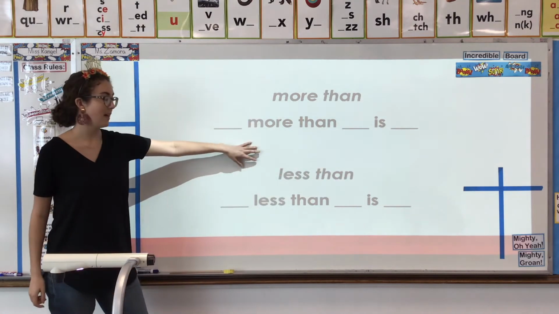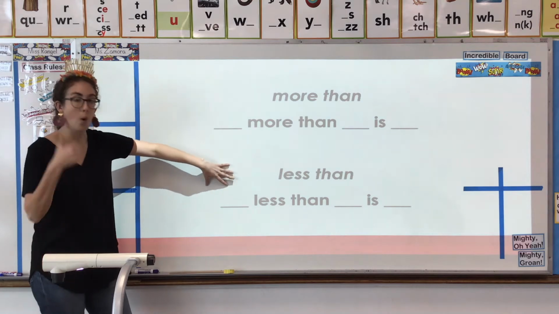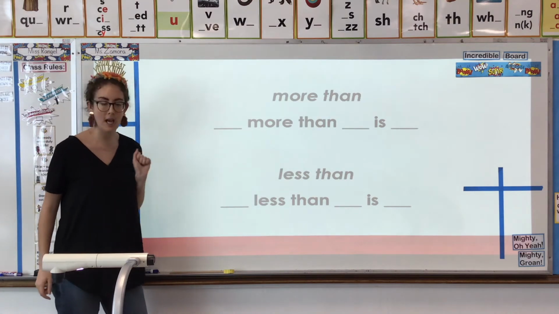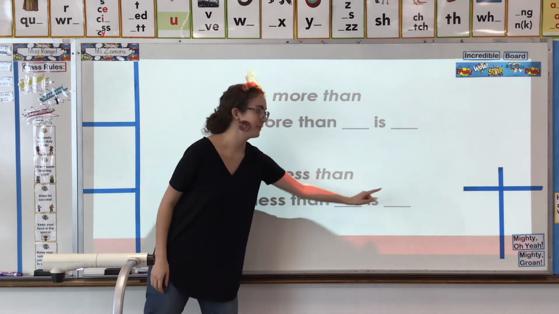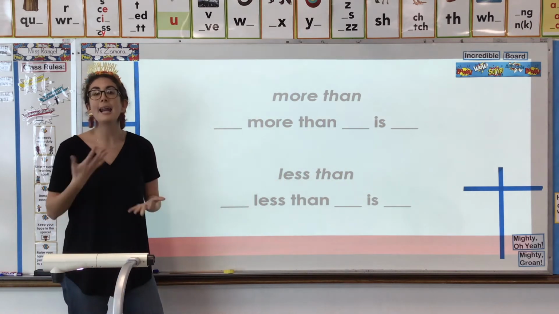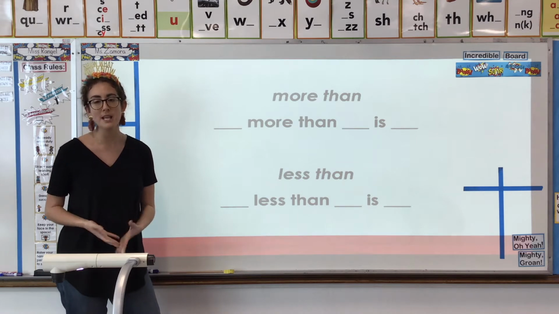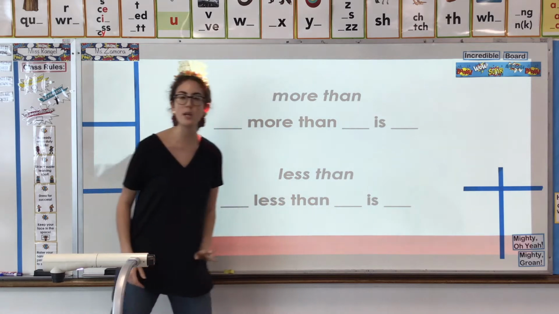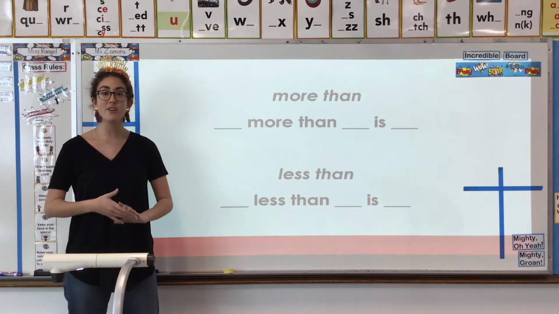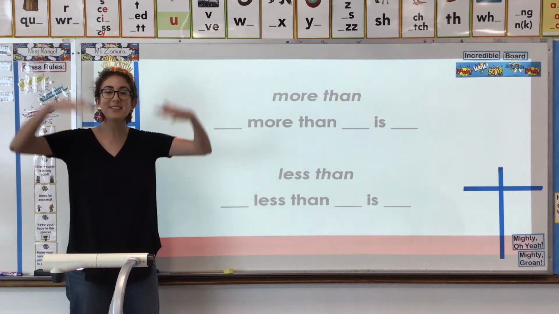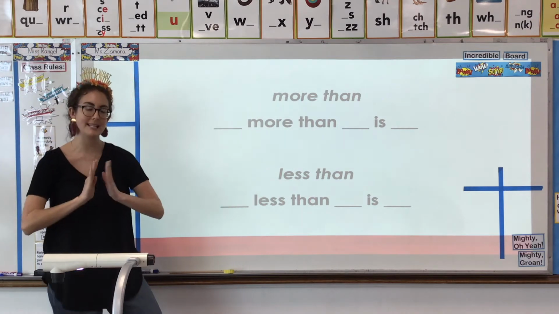And then also with less than, 1, 10, 100 less than this number is that number. So this sentence frame and how we talk about our numbers is going to show that we know the difference between our two numbers, whether they're different by hundreds, tens, or ones, and whether that's more than or less than.